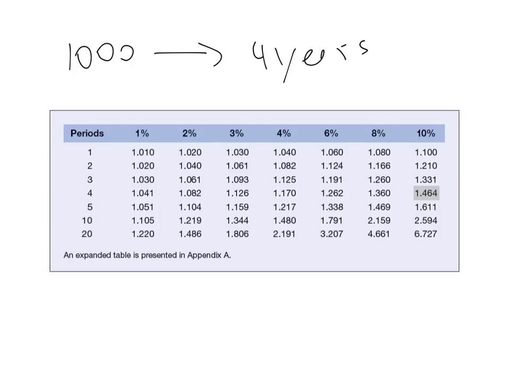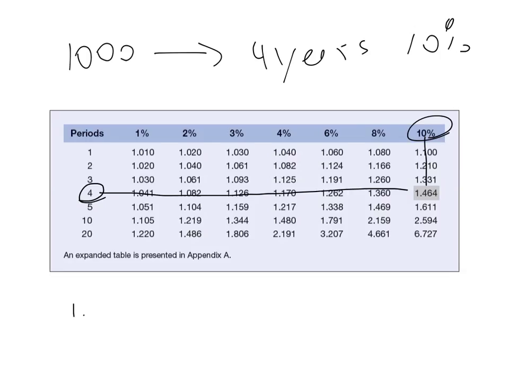After 4 years, and again we're earning 10% interest, we could simply use Appendix A, and notice that it's organized by periods or number of years, 4 years, and organized by the interest rate or rate of return. So at 4 years, 10%, we see the number 1.464.